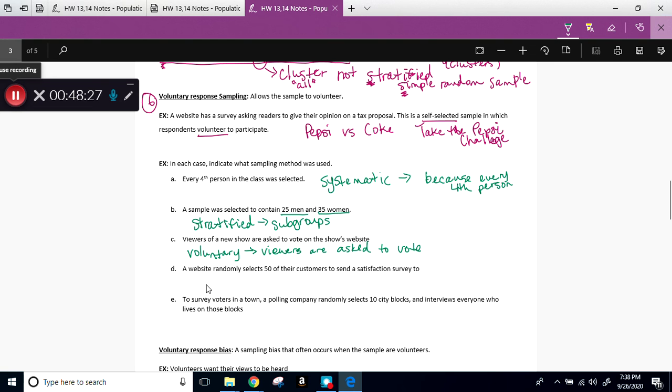A website randomly selects 50 of their customers to send a satisfaction survey. That got kind of cut off. But if they're randomly selecting 50 of their customers, that's a simple random sample.